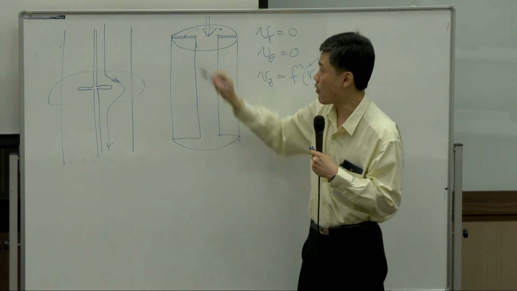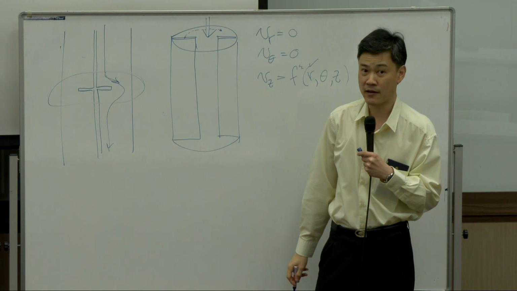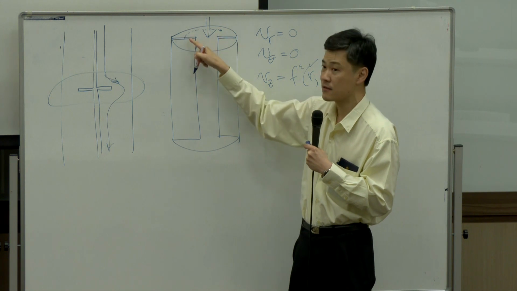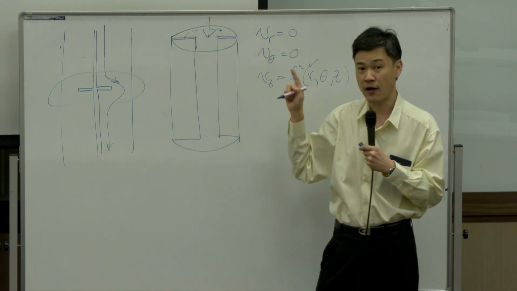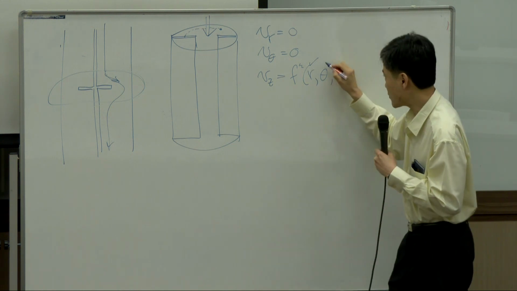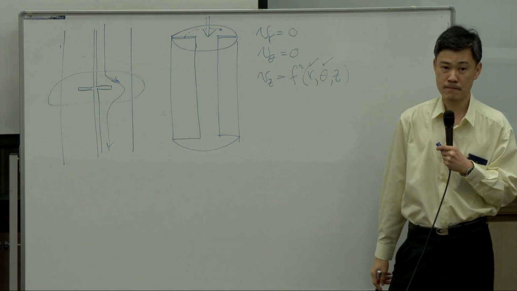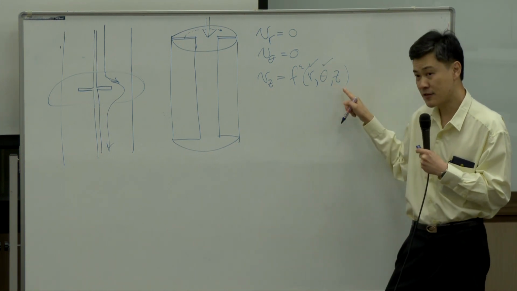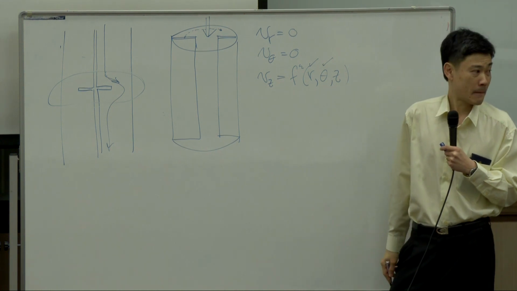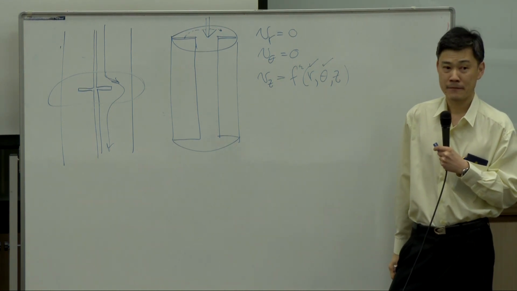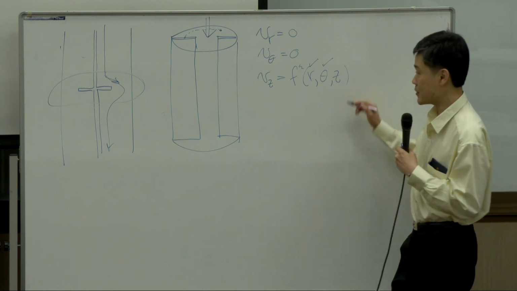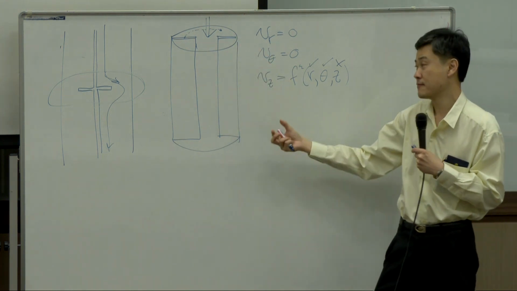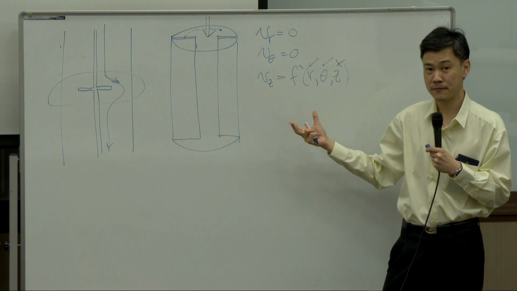But once you hit this wall, velocity is 0 at the wall. So you go around in the theta direction, at least these 2 points are different in terms of velocity. So it is a function of theta. Okay? Is it a function of z? No, it is not a function of z, because same thing, when you ignore acceleration, all velocity is uniform. Okay?